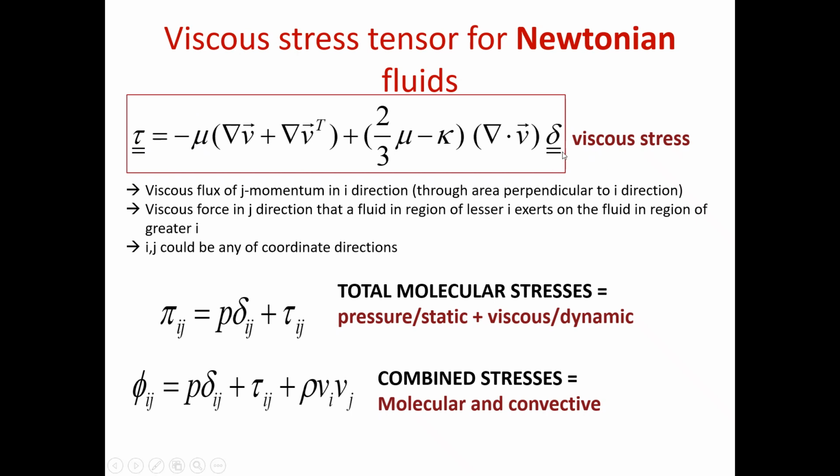And I also have to add this part, which will often simply vanish. So when I have incompressible fluid, divergence is 0. And we will get to proving that. But if I have a constant density, incompressible fluid, water, this will be 0. So we will simply ignore this part.